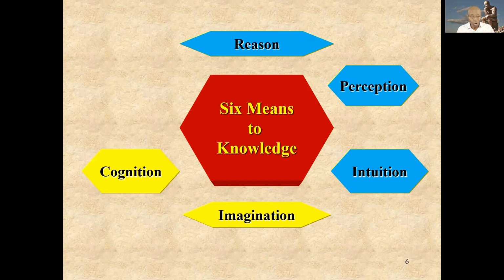Cognition is direct, raw sense experience without judgment of any kind. You see the car, you see the sunset, you don't judge the sunset as beautiful or not. It's just a sunset. That's cognition, raw sense experience. When you say that the sunset is beautiful, now you've gone into the world of perception. Perception is the interpretation of cognition, at least when you're looking at facts in the world.